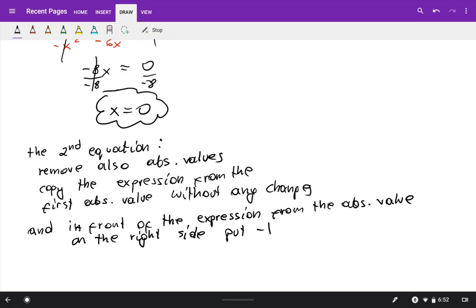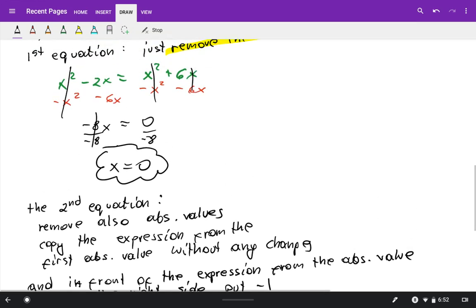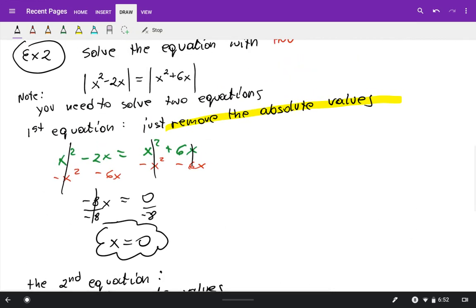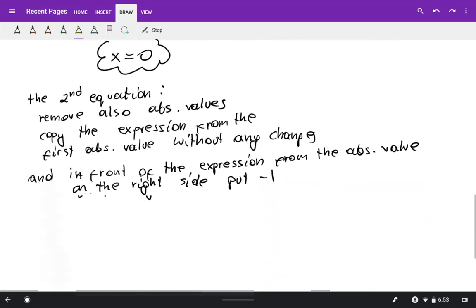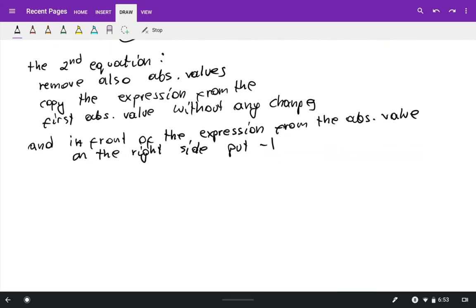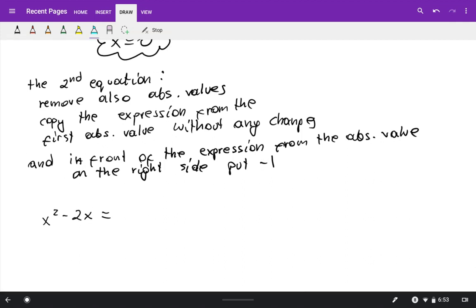I know it's a lot of writing, but again, I want to put that for you in case you guys forget, I want to go back later. So the second equation, this is what you're going to do. You're going to copy the expression from the first absolute value without any changes. So I have x squared minus 2x. Okay, so I copy that. So we have x squared minus 2x equal.